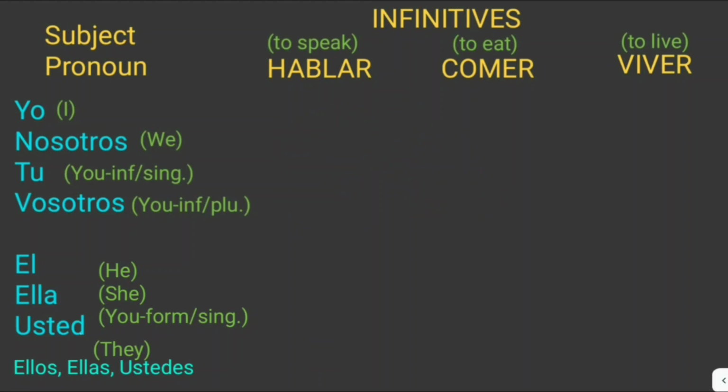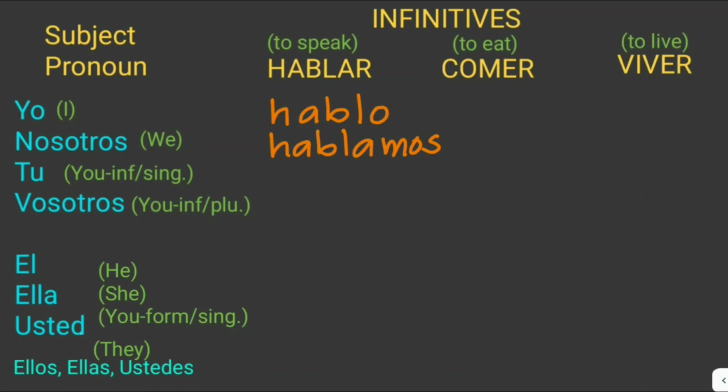So let's start with pronoun I, or yo. When we say I speak, we just change ar with o. So this would become hablo. Yo hablo. And for nosotros, we just change ar with amos. So this would become hablamos.